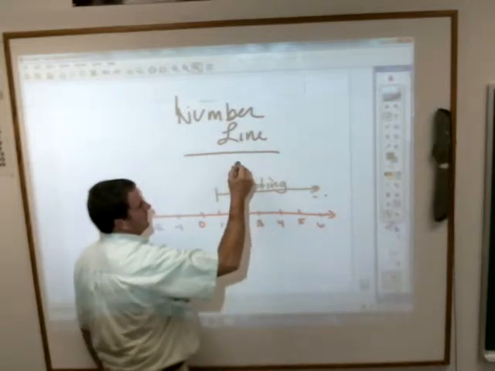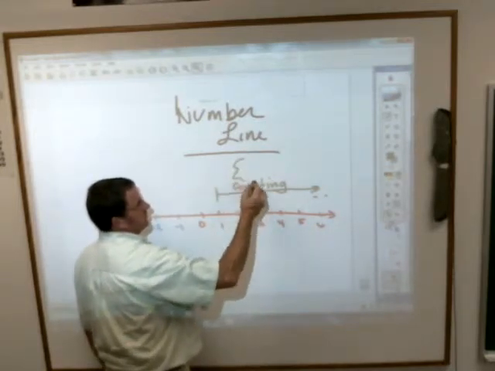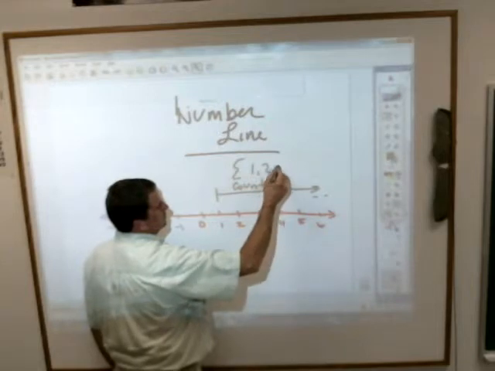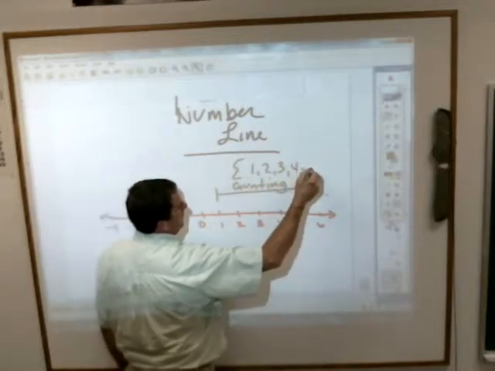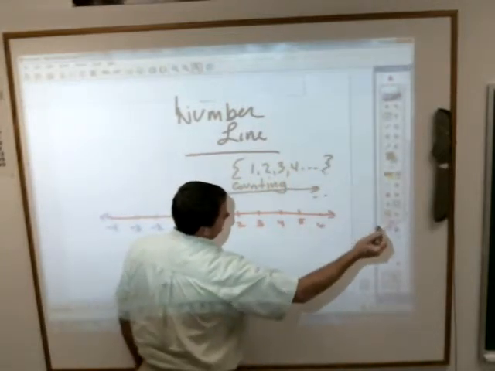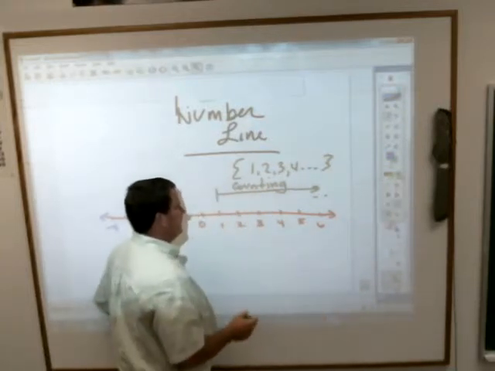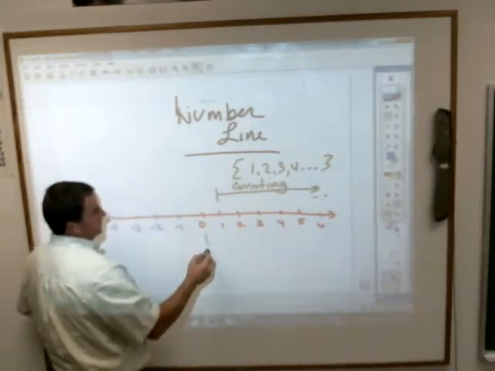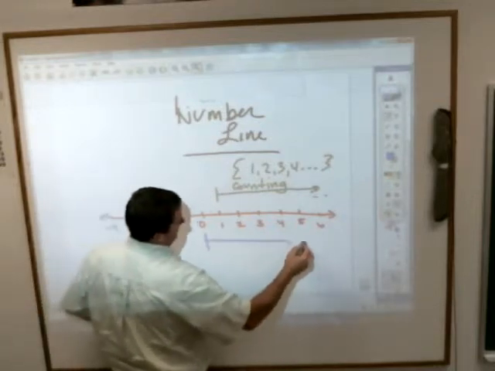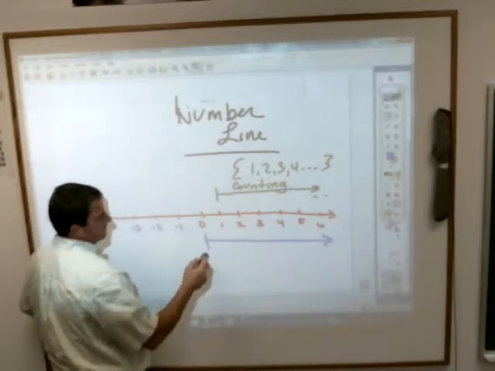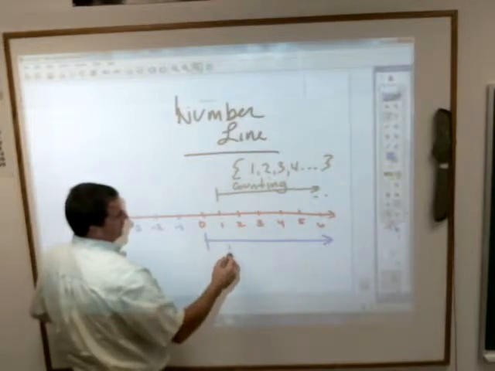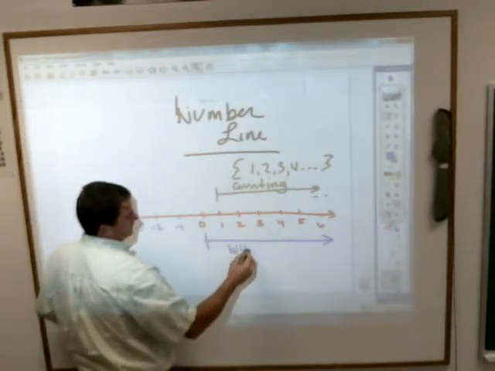And if you're showing what the counting numbers are, we put a little set notation here. It starts at 1, 2, 3, 4, and they go on forever this way. Then we have on a number line here, starting at 0, really the same exact thing as the counting numbers except with 0. And what we call the whole numbers.